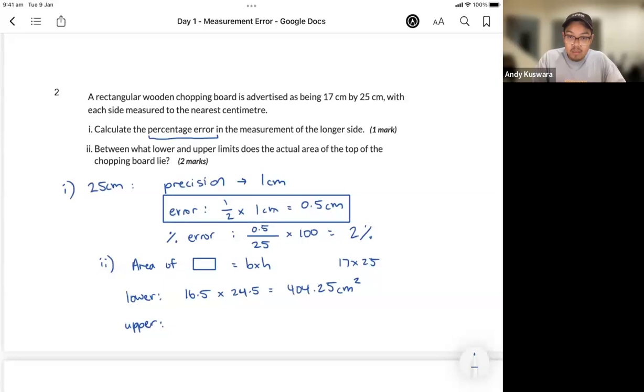So instead of 17, it's going to be 0.5 more than that, which will be 17.5 by 25.5. This will be the upper bound. So it'll be 17.5 times 25.5, and that will give us an upper bound of 446.25 centimeters squared. So there are your upper and lower limits of the area.